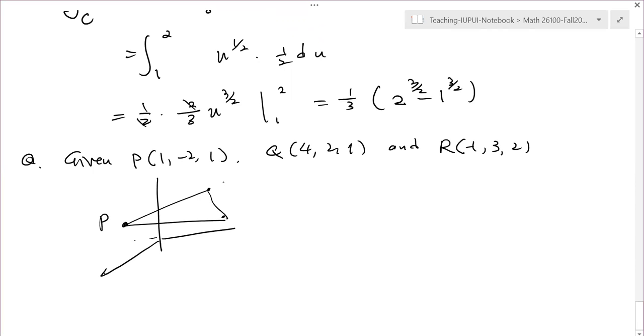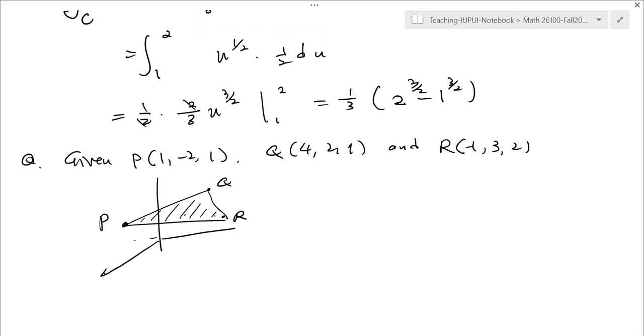So P, Q, and R. What we want to do is find a vector perpendicular to this plane, which is a surface in space. You can also find a parametrization for this surface.